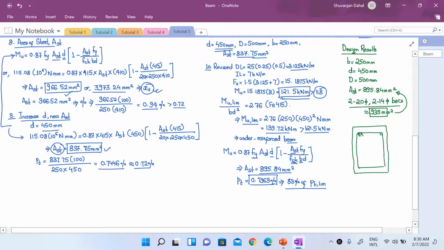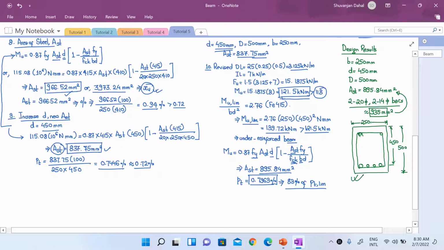Let us say this is our stirrup, and we have two 20 mm dia bars and two 14 mm dia bars in this way. So our effective depth will be 450 mm, our total depth will be 500 mm, and the width of our beam will be 250 mm. So these are our final design results.